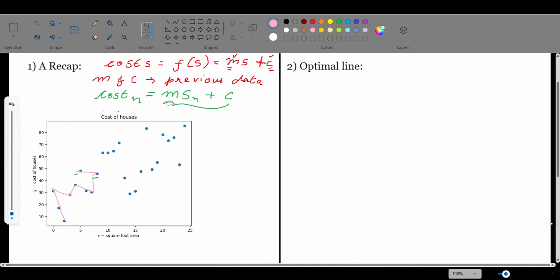And that's exactly what we're going to do over here. We're going to try and create a line that goes through in such a way that it is as close as possible to every one of these data points. That's what we're going to try out.